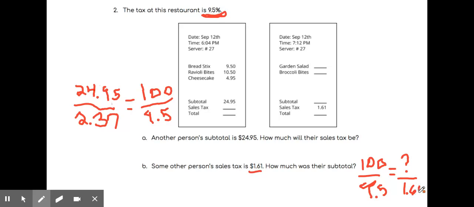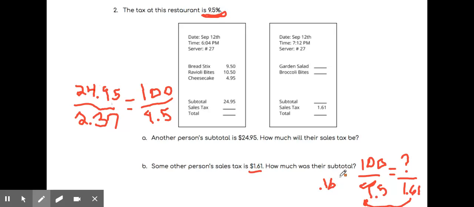Okay, so now we have it all set up, and again, we can solve it. And even though the one that we know is on the bottom, we can still do it. So we're going to do $1.61 divided by 9.5. We get a really long number. It ends up being about 1.169.